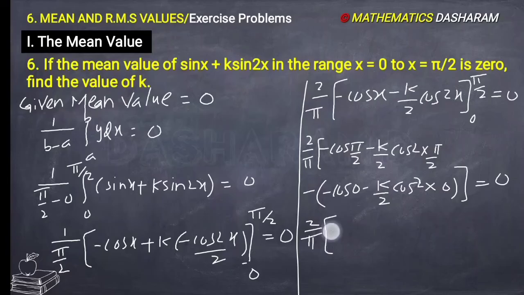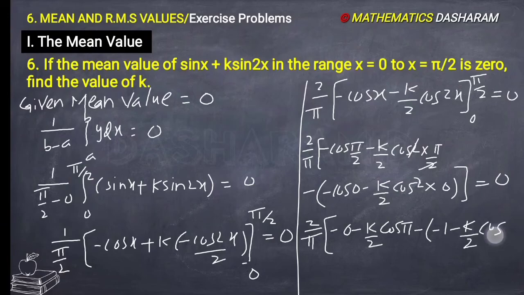2 by pi, minus cos pi by 2. Pi by 2 means 90 degrees, so cos 90 is 0, minus k by 2 into (here 2 cancel) cos pi, minus bracket of minus cos 0 value 1, minus k by 2 into cos 2 into 0, which is cos 0, equals 0.